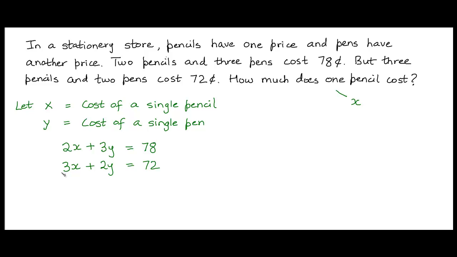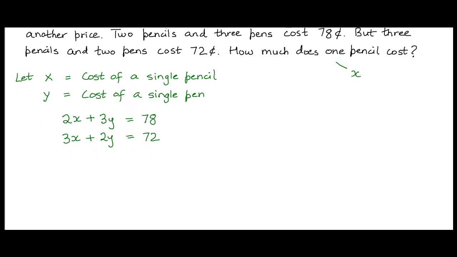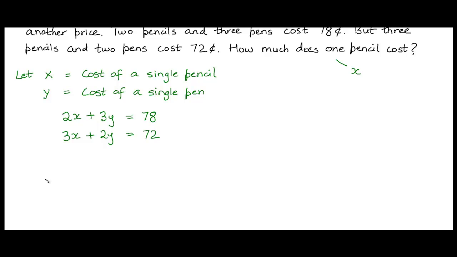We can do that by solving this system of two linear equations in two unknowns, X and Y. A standard way of solving this system is to take one of the equations and solve for Y. So let's say we take the first equation.